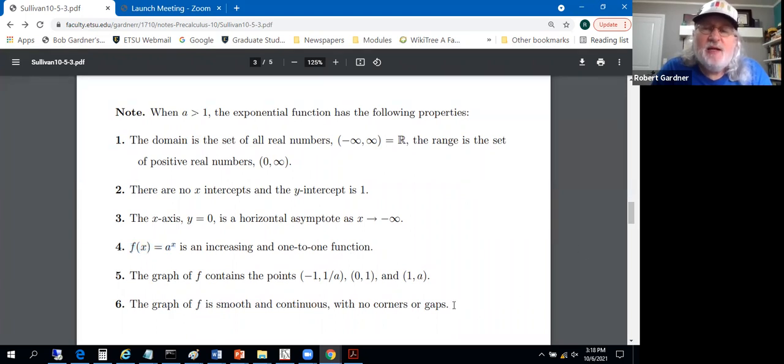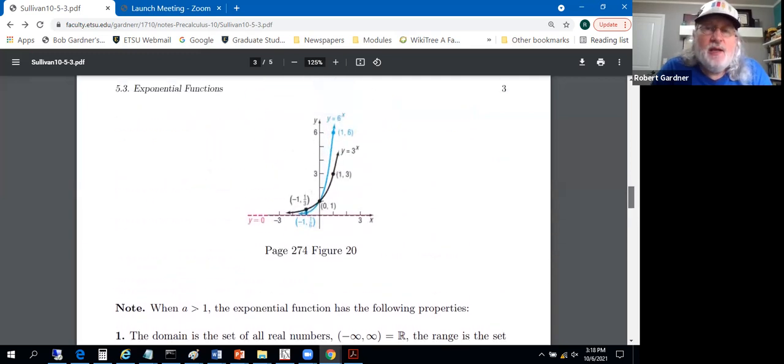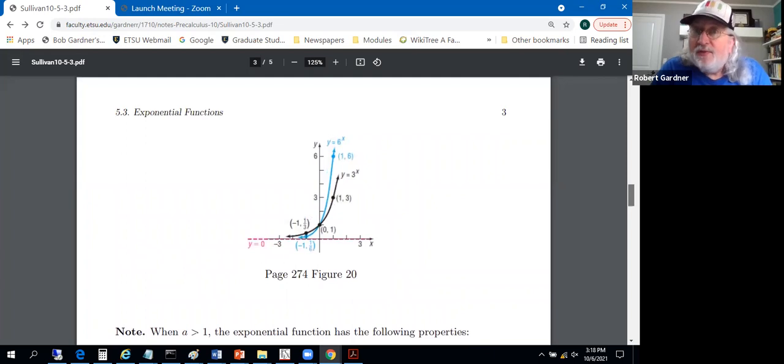I'm kind of taking Sullivan's word on that, the textbook author's word. I guess the graphs look like this and they are smooth. How do you know they don't do something crazy in between these two points, like wiggling up and down? Well, we didn't test all those points, so I guess we don't. It doesn't behave like that.